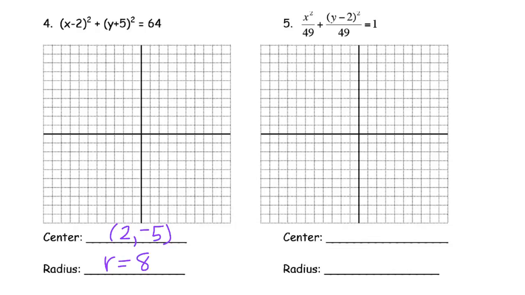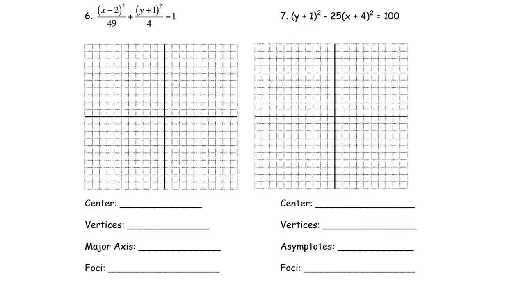Again, you can sketch that from the calculators. And number 5, it looks like they were being tricky, but that is still a circle because our denominators are the same. So our center for this one is 0 and positive 2, and our radius is going to be 7.